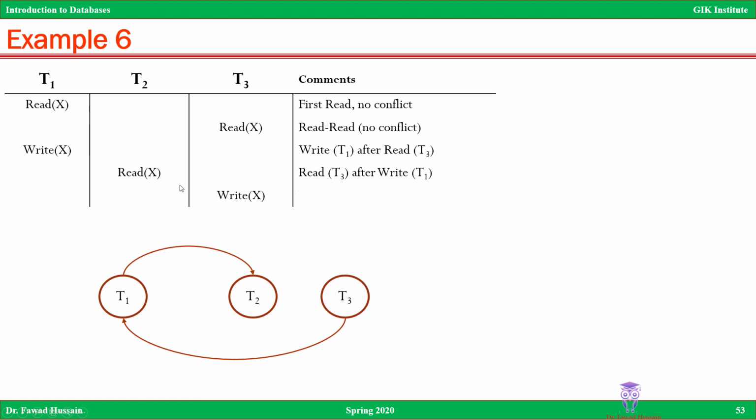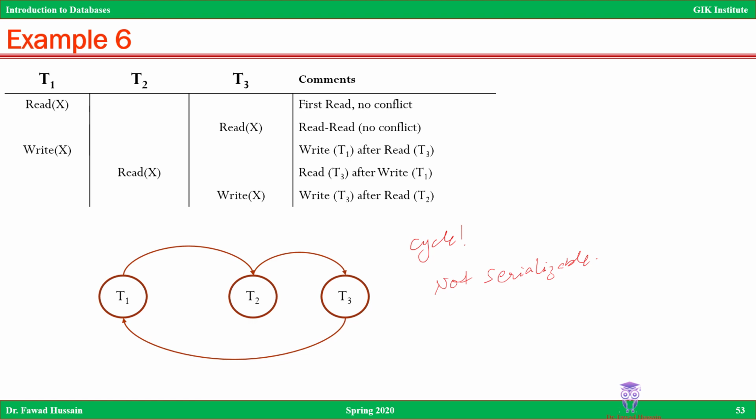And then there is a write after read, so there is this edge. So from T1 you can go to T2, T3 and back to T1. There is a cycle over here. So since there is a cycle, it means that this is not serializable. So this is how we determine whether it's serializable or not.